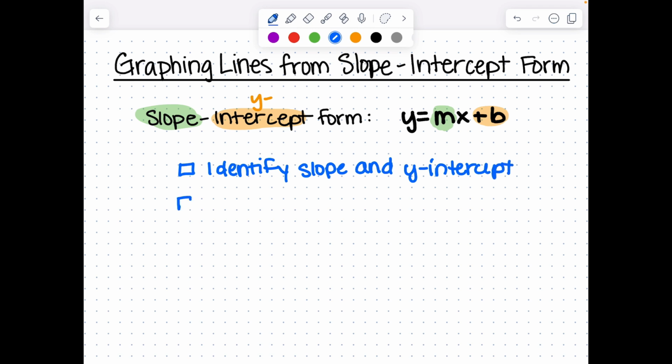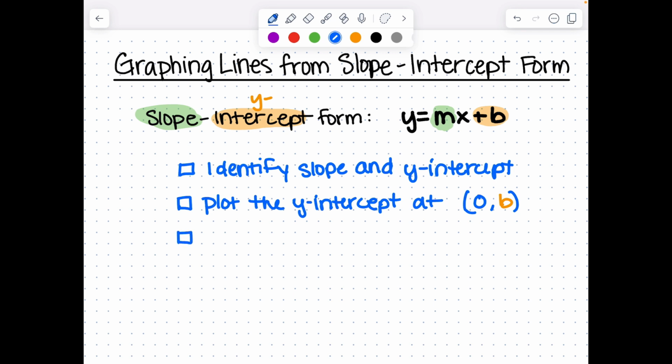Then the second thing we'll do is plot the y-intercept. When we say y-intercept, we mean that's where your line is crossing the y-axis. Your x-coordinate there is always going to be 0 because this is on the y-axis. And then b is how far up you go on the y-axis.